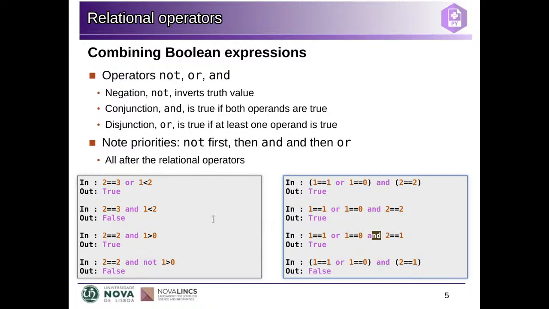So using these comparisons and these logical operations, you can create arbitrarily complex conditions and arbitrarily complex Boolean expressions that return true or false depending on values of, for example, your variables. So in all these cases, I'm using constants just to show the idea, but usually we're going to do comparisons where some of the elements are variables because we want to check something about the state of our code, of our program.